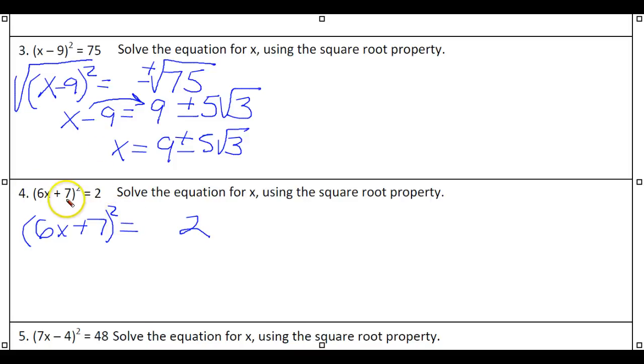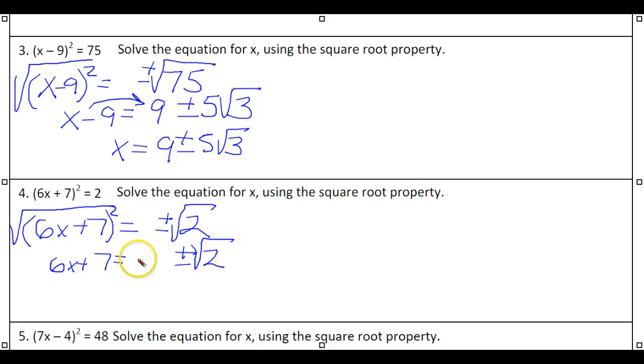Again, if it's in this pattern, a binomial that's squared equal to something, we take the square root of this side. This will just become the radicand. And then plus or minus the square root of 2. Now in this case, we're going to transpose the 7 as a negative 7.